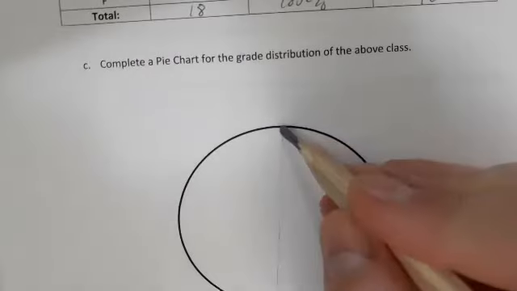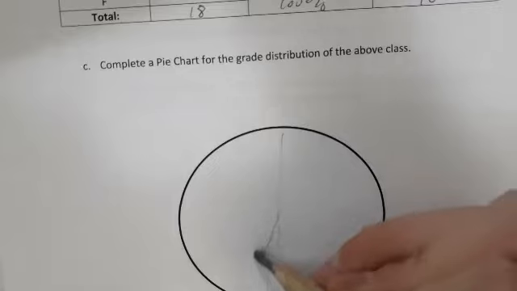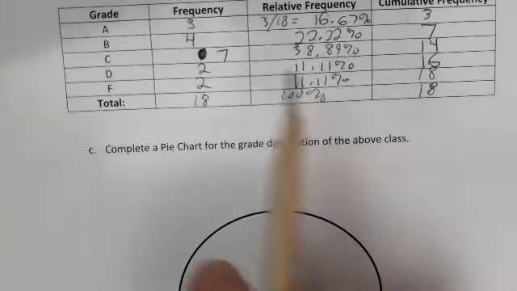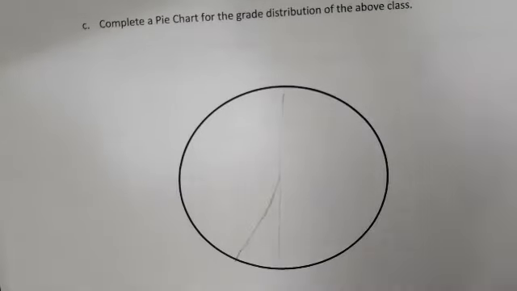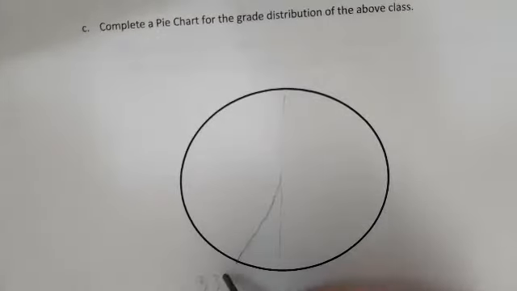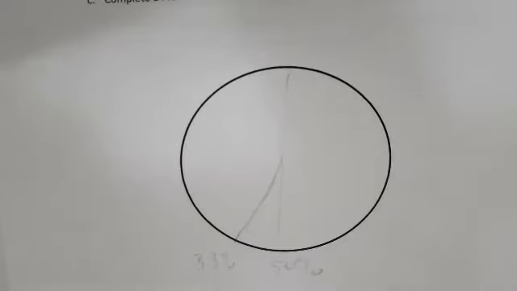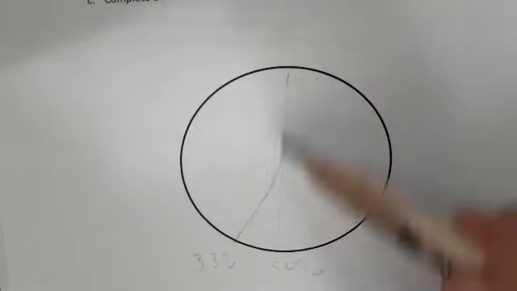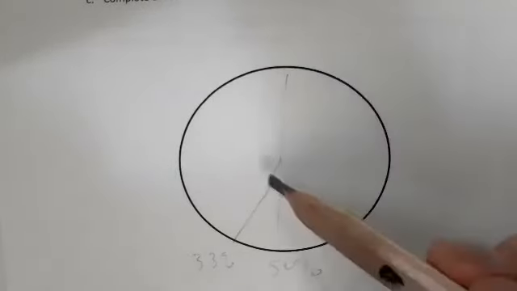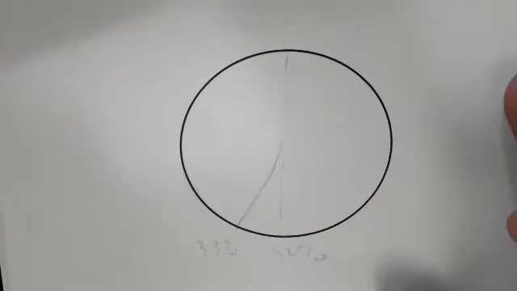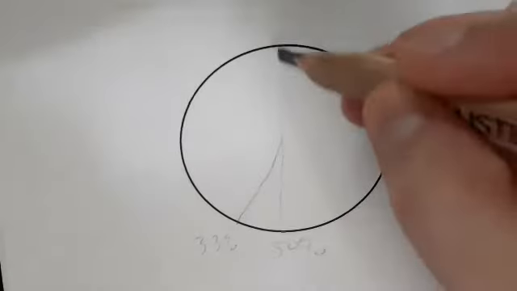So this would be 50%. If I do a third, it looks more like something like that. And so I have this thing that is almost 40%. Think about doing thirds, you think about that peace sign looking thing, right? You think about doing 50%, you think about half the circle. So this is about 40%.